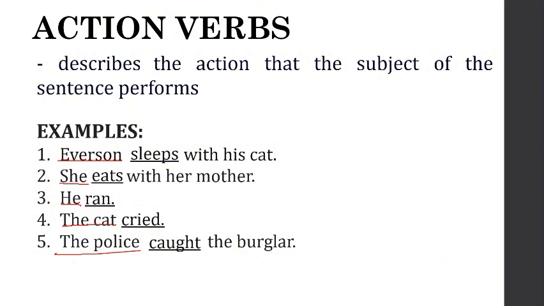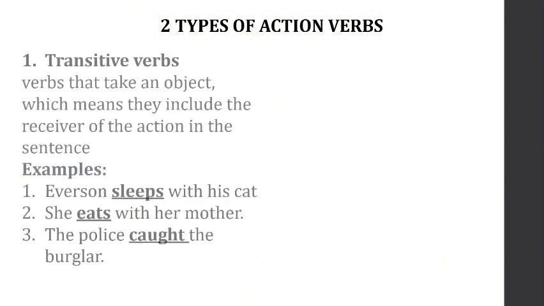I hope you already know how to identify the action verbs. Action verbs have two types, which are transitive and intransitive verbs, and we're first going to talk about transitive verbs.